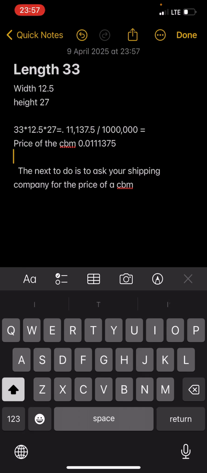Let me give it some gap. Hope I'm not confusing you.